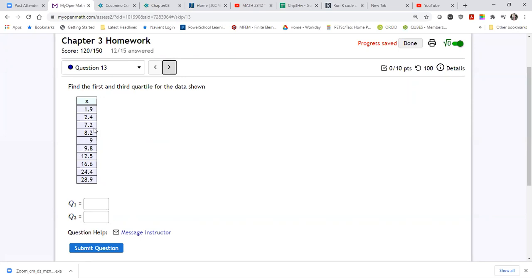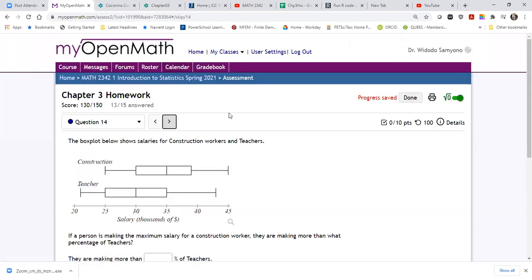And the middle for the first half will be 7.2, right? Okay. And the middle for the second half will be 16.6. Okay. And the next one.